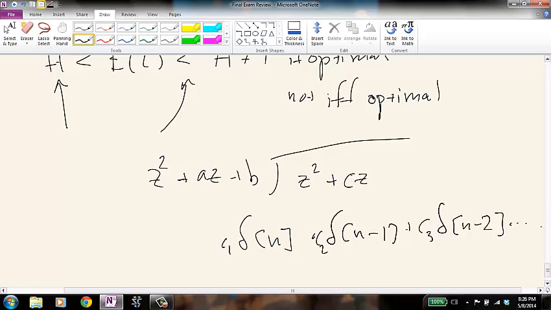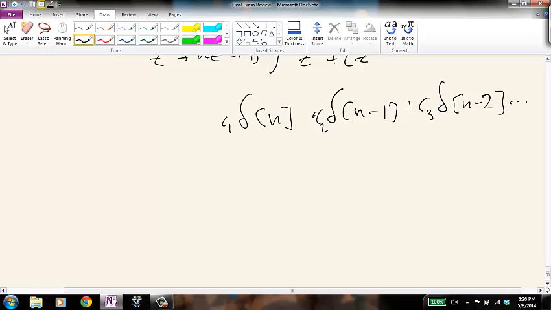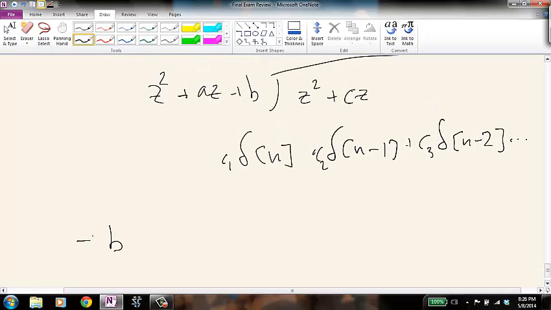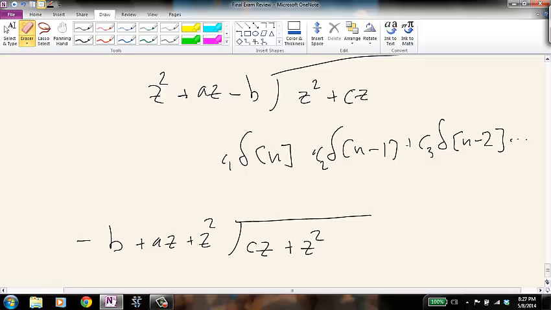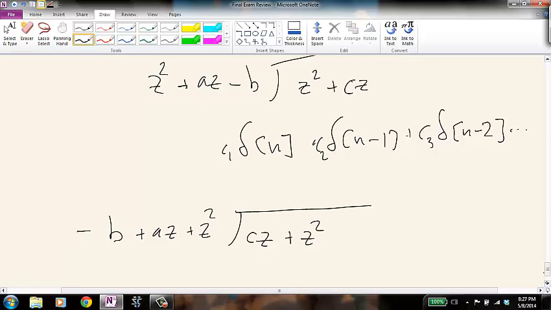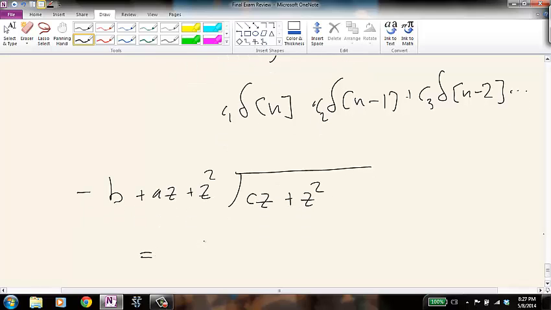If we had flipped these, and done it like that, we would have gotten something of increasing deltas, which is non-causal. So the way you set up the long division determines whether you get the causal or non-causal response.